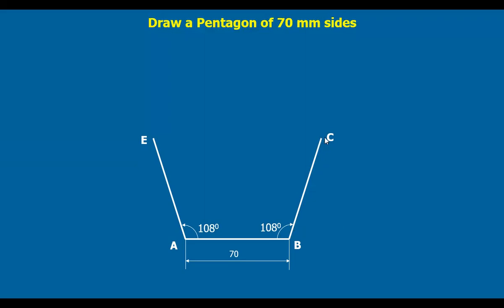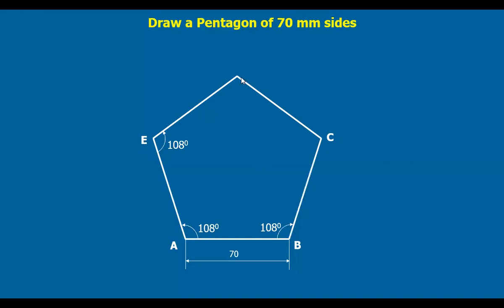Now, continue the same procedure by taking this 108 degrees line to AE. We take a 108 degrees line, and on this line, mark 70 mm length and mark this point. Similarly, now only one edge is left.